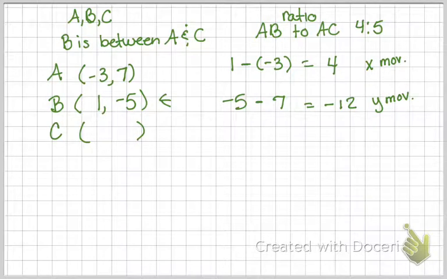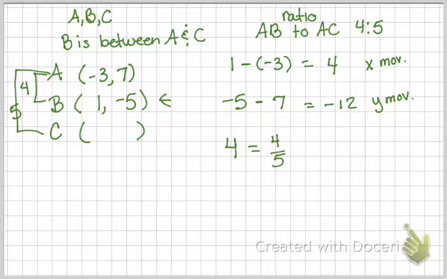So now we're going to think about the ratios. From here to here is 4, compared to A to C is 5. So this one's a little bit different because we have A to B is 4 and A to C is 5 instead of comparing 2. So we have to think about this. Our movement here of 4 for our x's is the same thing as saying 4/5, 4 over 5, times whatever our x value is going to be.